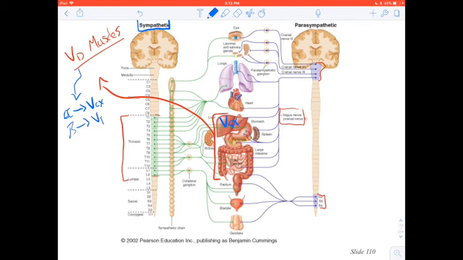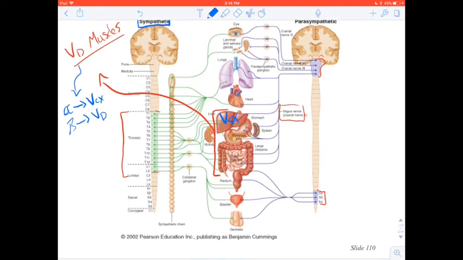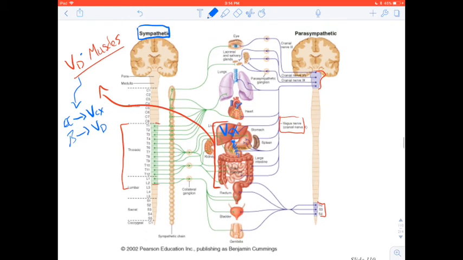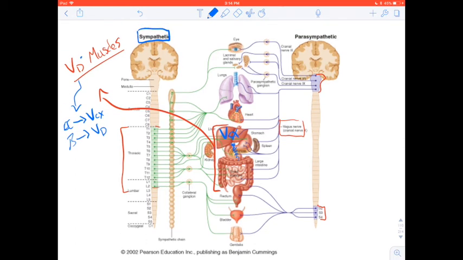So where would we have beta receptors? Well, we'd probably have beta adrenergic receptors in skeletal muscle because we want to vasodilate in sympathetic mode. We'll have those alpha receptors here in our GI because we want to vasoconstrict under sympathetic mode. So this is one of the ways that we can do different things in different organs with the same substance. These receptors will do different things.